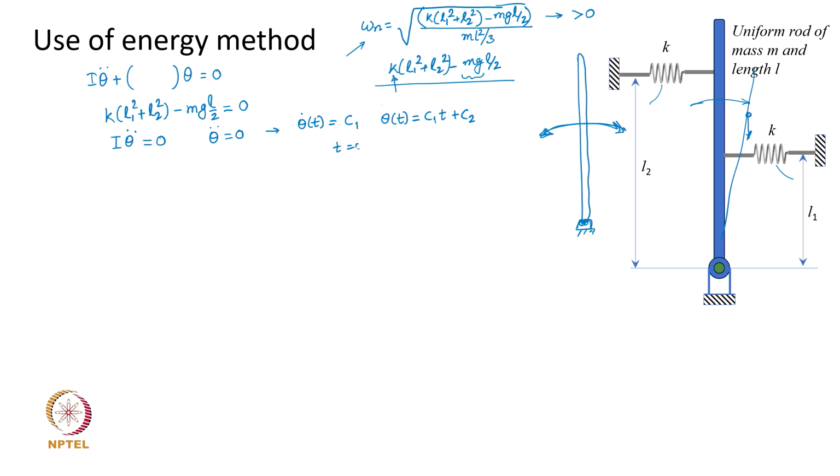Okay, the initial conditions are: theta at t equal to 0 is theta naught, and theta dot at t equal to 0 is theta naught dot. Now, if you substitute these two initial conditions, theta naught dot is equal to C1, and theta naught from the second equation gives C2. This gives the final expression of the response theta as a function of time t equal to C1 t plus C2, which is theta naught dot t plus theta naught.